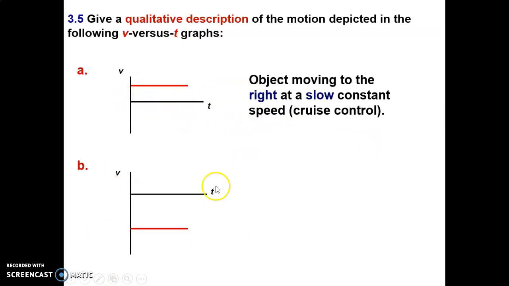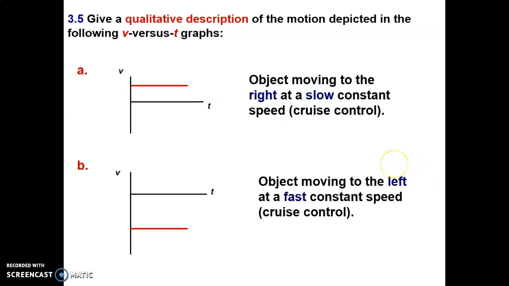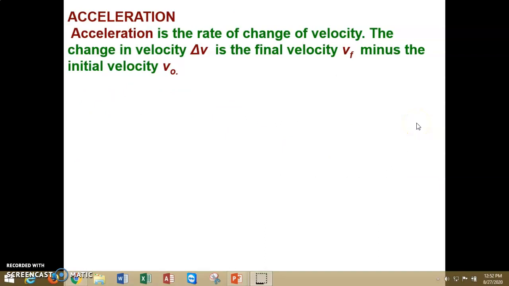What about down here? What's going on there? Same deal. It's moving with a constant speed. It's moving in a different direction, but it still has constant speed. So positive and negative, whether you're above or below this center line, will tell you which way. So let's talk about this.